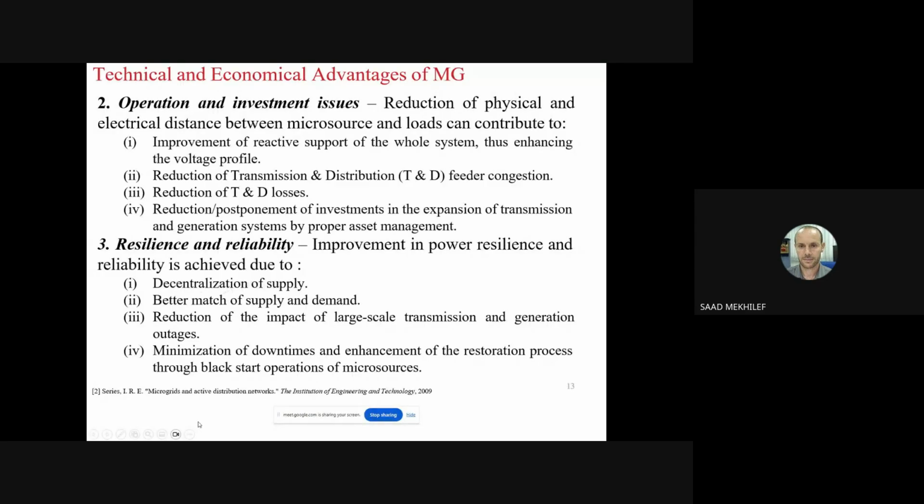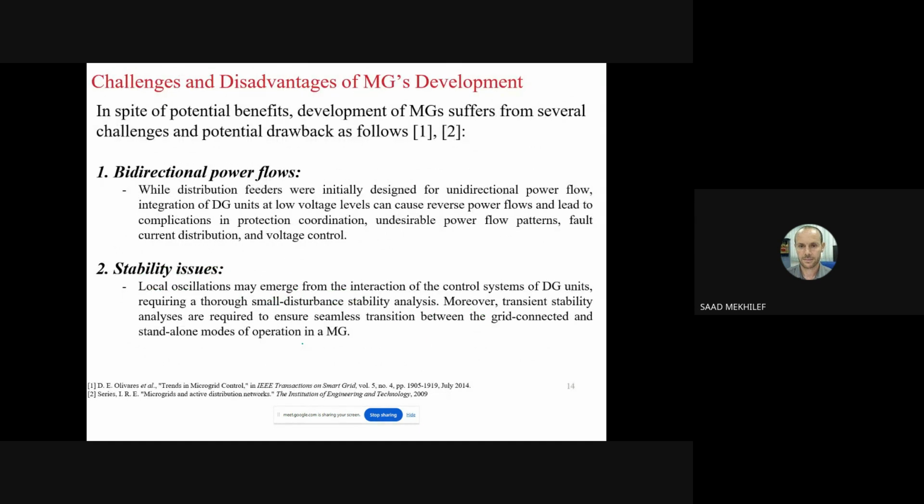One of the good things, as I mentioned yesterday, is that it is decentralized, so very easy to control. It matches the load to demand, and also reduces transmission lines and downtime, because it's localized.